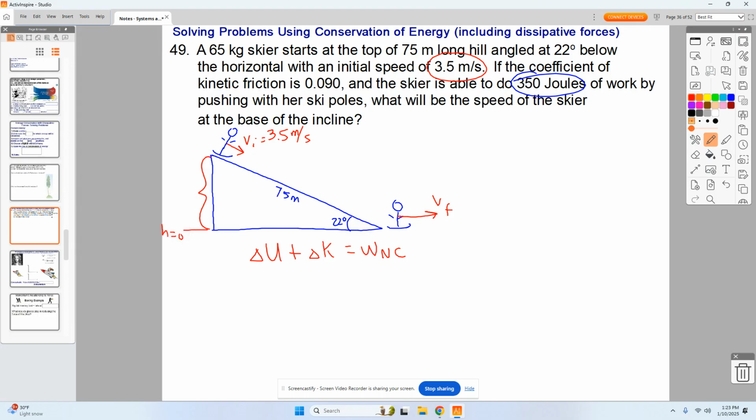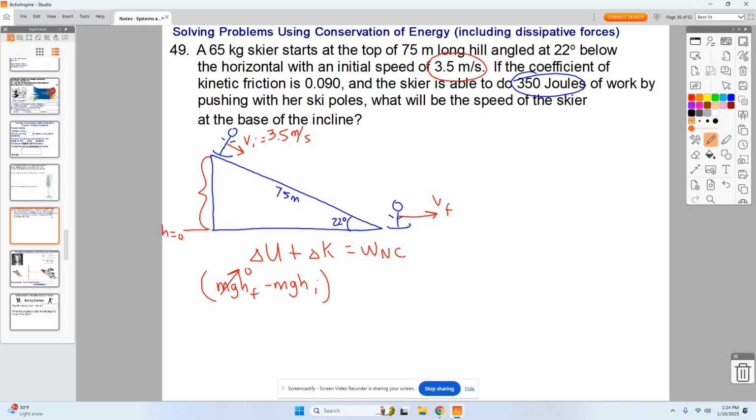If we call that h equal to 0, then their final gravitational potential energy is 0. That term is 0. So again, I'm being somewhat explicit in how I'm writing these things out, but that would represent the change in gravitational potential energy. I see that their change is negative, right? They went from a high energy to a low energy position.